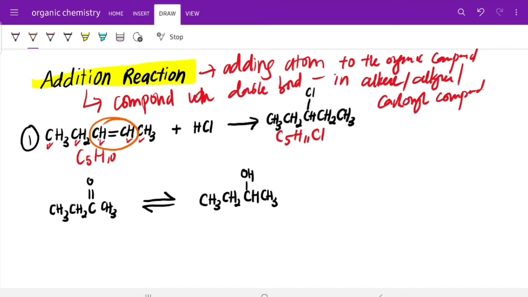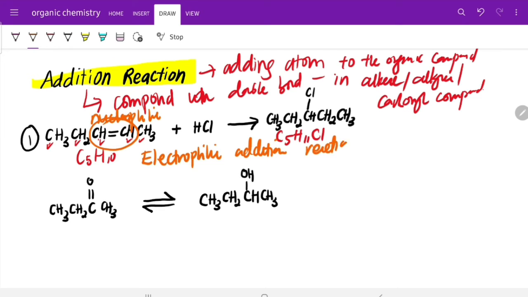That means your C double bond C is a nucleophilic center. Since this is a nucleophilic center, it will attract the opposite, which is an electrophile. Therefore, in this one, it is an electrophilic addition reaction.